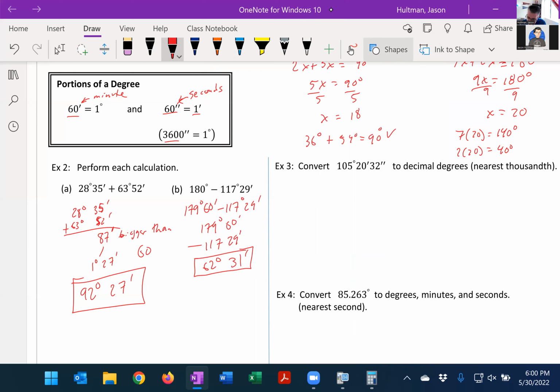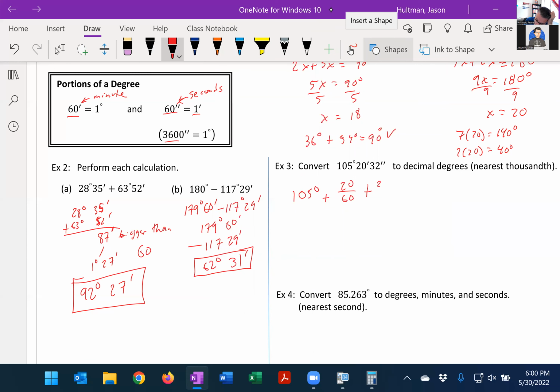Okay, example 3, convert this guy to degrees, to the nearest thousandth. So we can take the 105 degrees plus the 20 minutes. Now I know that that's 20 out of 60, plus 32 seconds.